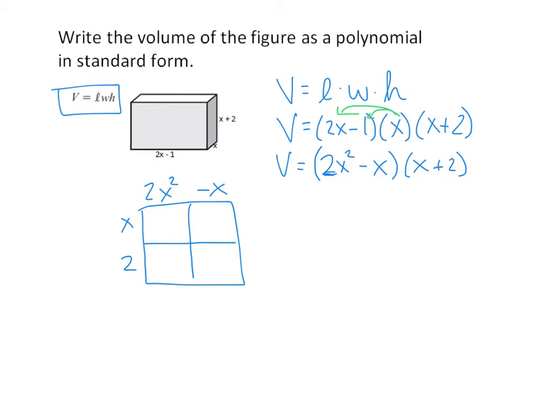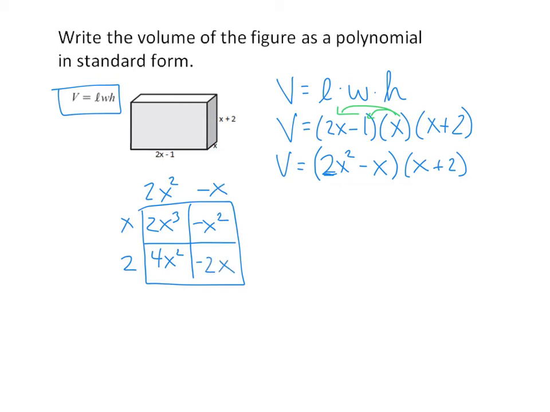Now we're going to multiply each of these. So multiplying 2x squared times x is 2x to the third, and 2x squared times 2 is 4x squared, and negative x times x is negative x squared, and lastly, negative x times 2 is negative 2x.